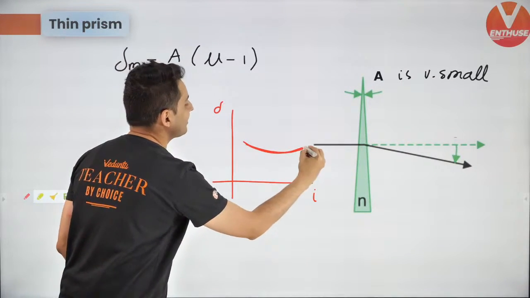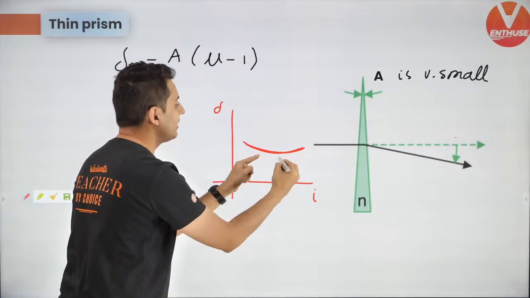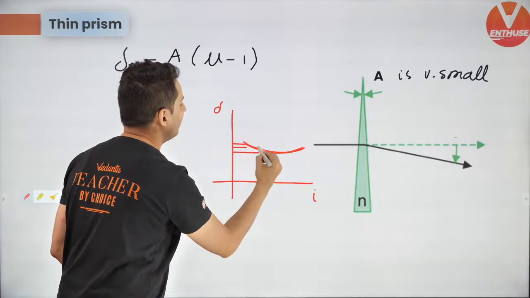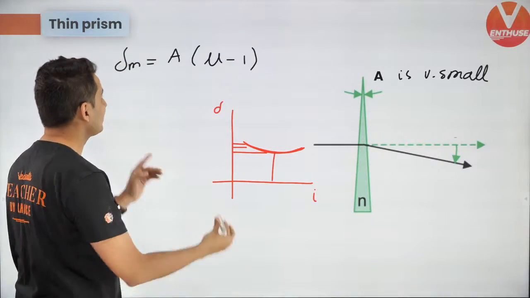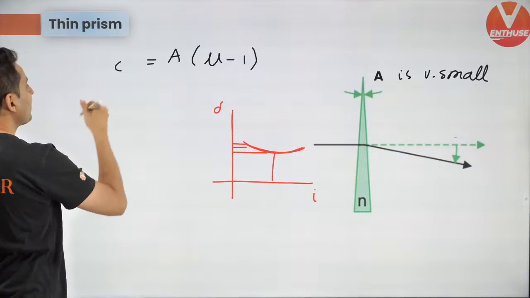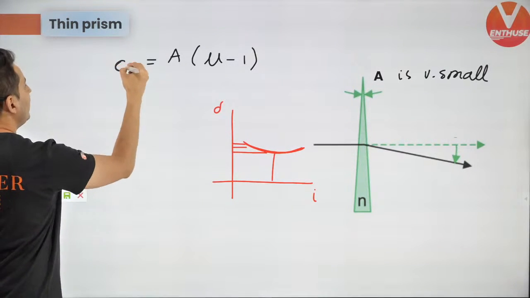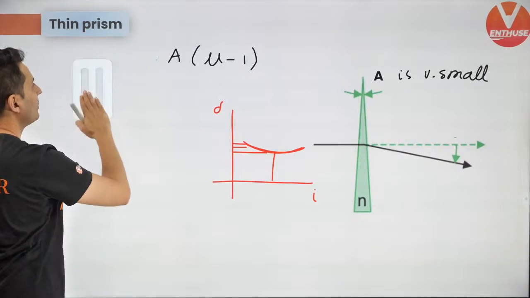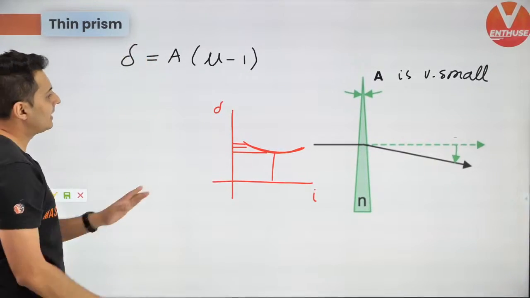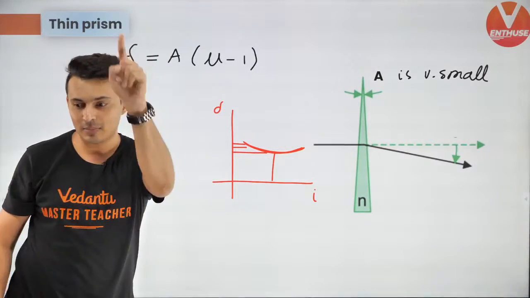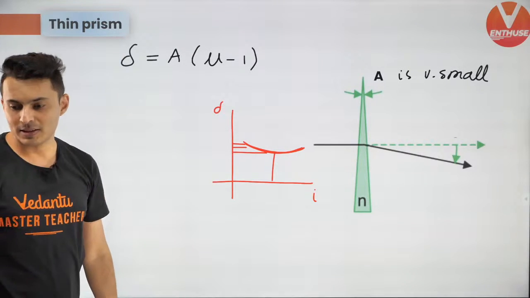It's almost the same. It's hardly going to be anything. So delta minimum, delta everything is almost the same, guys. So instead of putting delta m, I'm just going to put delta over here. I hope this is clear, guys. So the delta minimum, delta is almost the same for thin prisms. I hope this is clear.